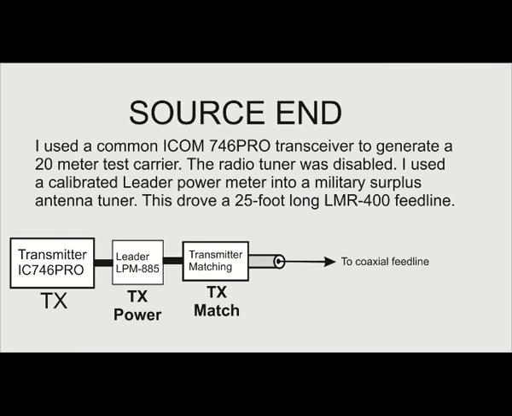That's the sample feed line under test. We are going to intentionally mismatch that LMR 400 with a 10-to-1 standing wave ratio and see how much power we can get into the load, only matching at the transmitter end.